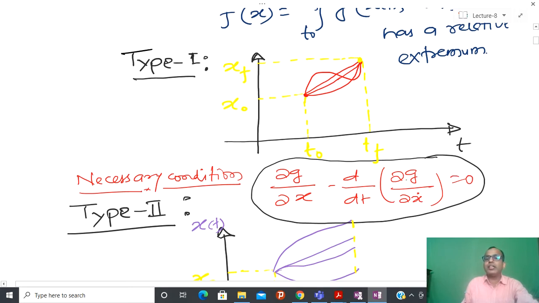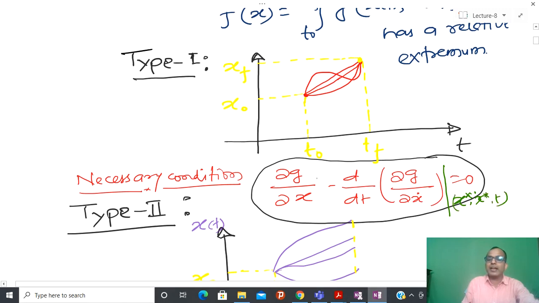People also call it the Euler-Lagrange equation, and here we are solving this particular differential equation in x star, x dot star and t.